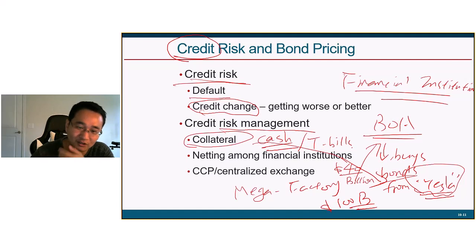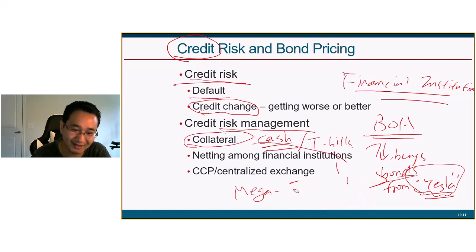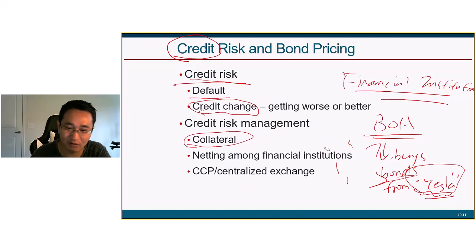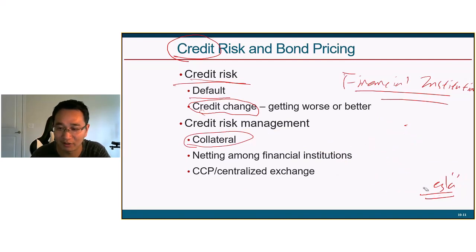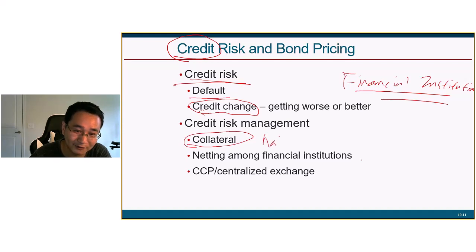Because if Tesla defaults, Bank of America has to find a buyer of their mega factory, which is very likely General Motors or Ford. They will negotiate a lot. It will probably take several years to sell the factory, and they have to hire several financial analysts and some attorneys. So they don't really like it. They will take something called a haircut. They will consider maybe only 40% of the value.